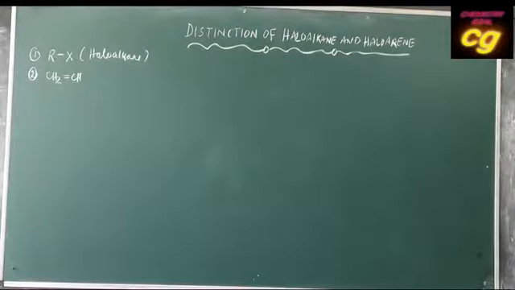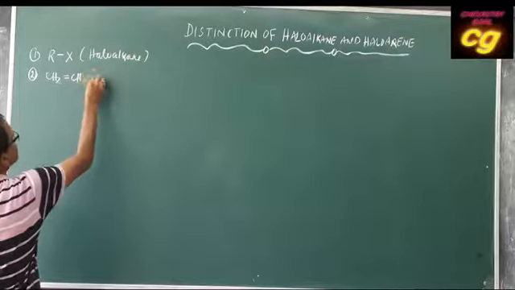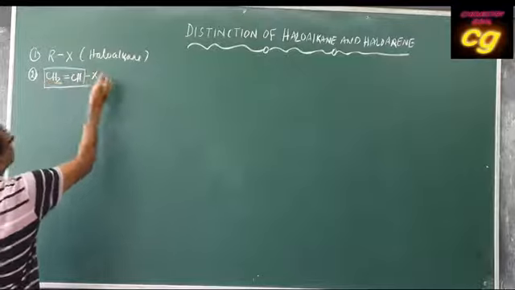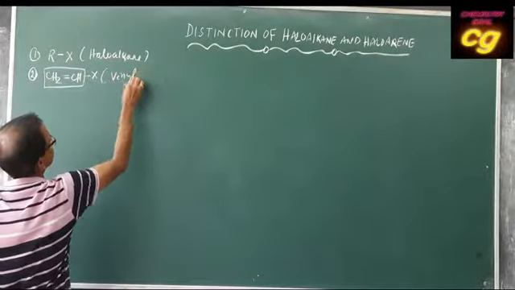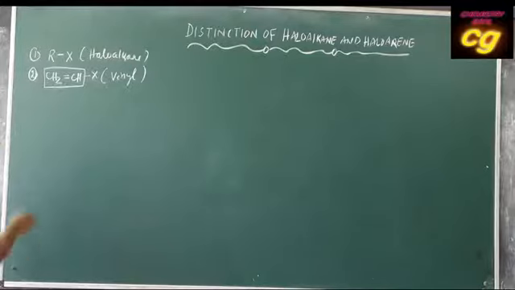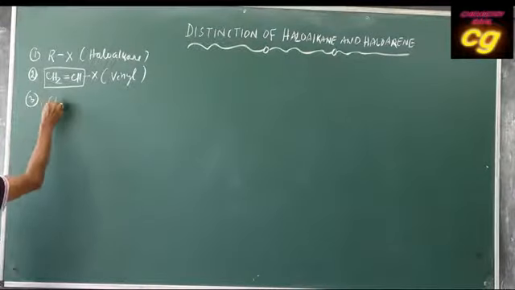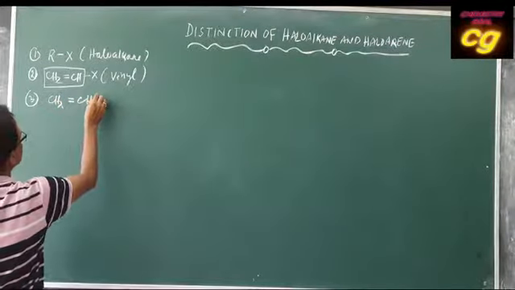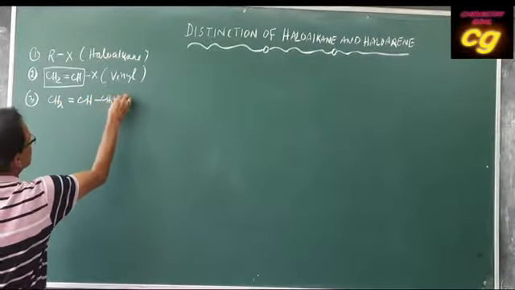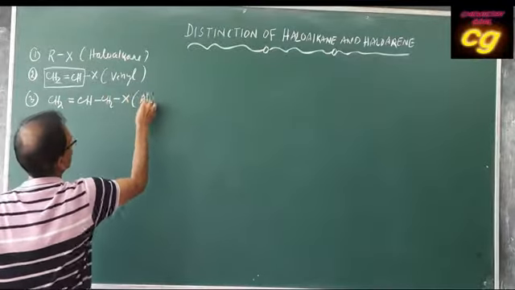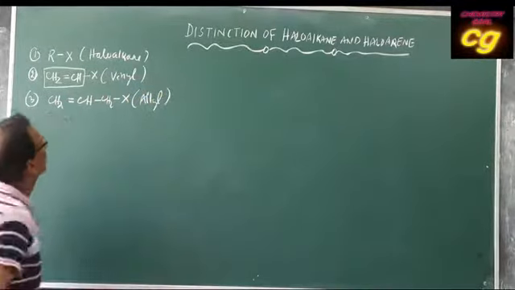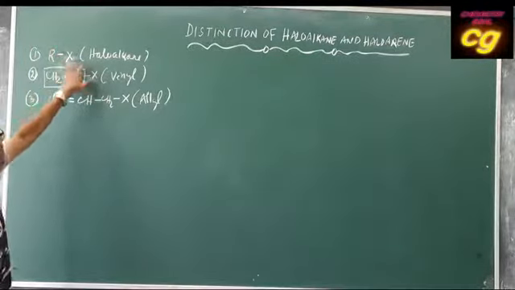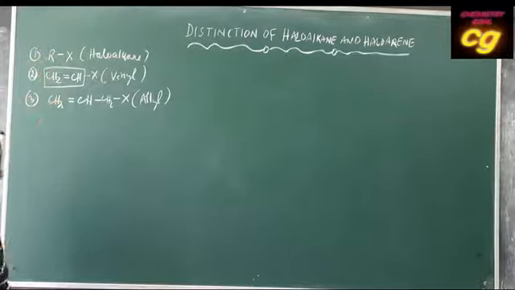If the group is CH2=CH attached to halogen, this is called the vinyl group. And if the group contains CH2=CH-CH2X, this is called allyl. So haloalkane or alkyl, vinyl and allyl.